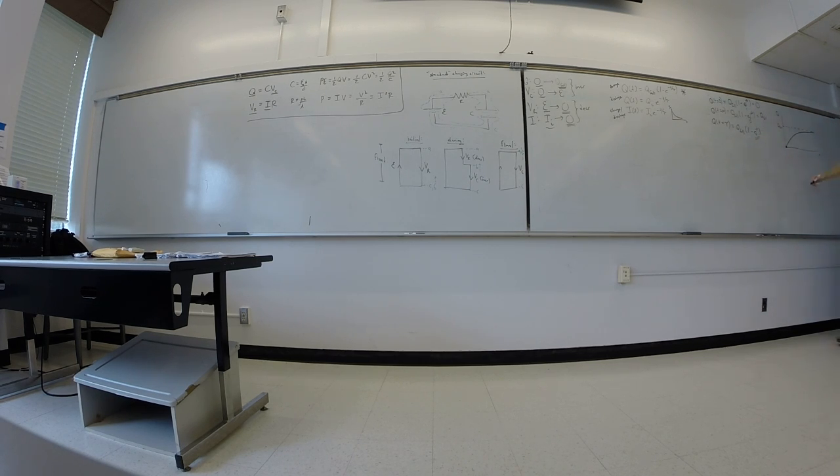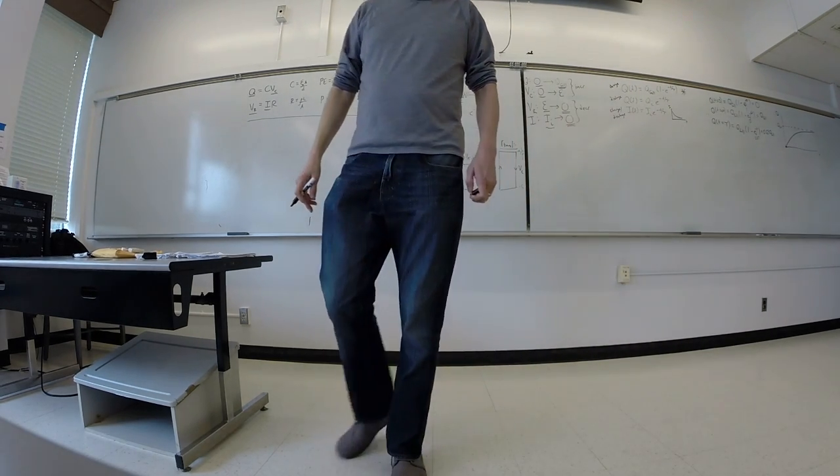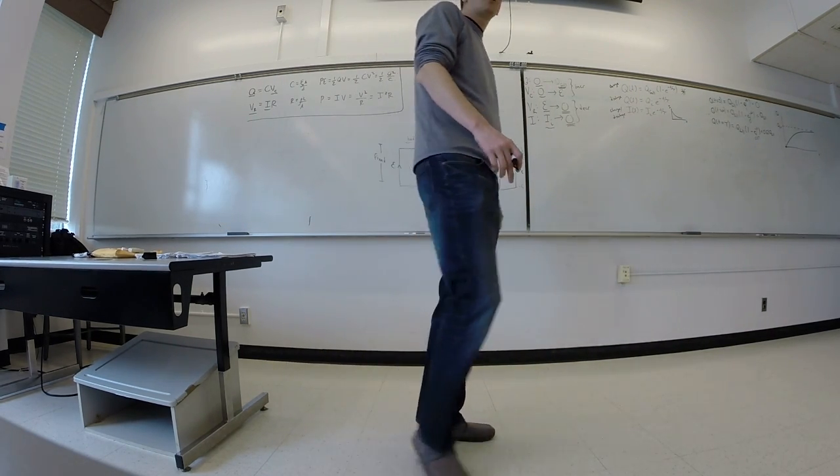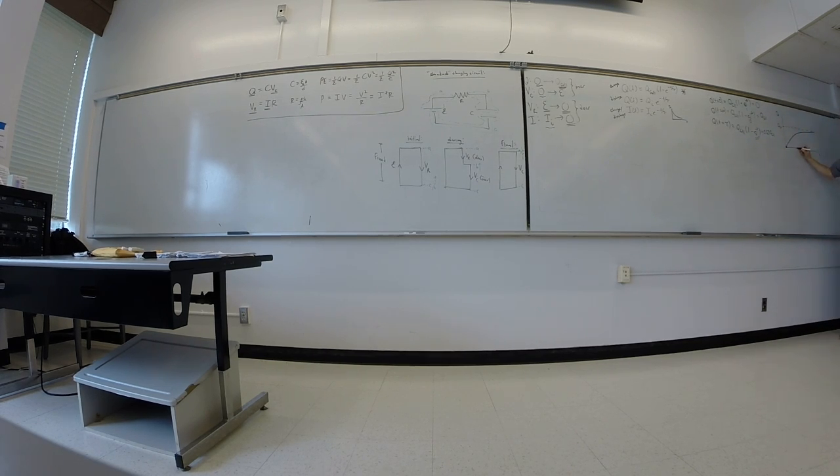And now 1 minus 0.37 is 0.63. So what happens at t equals tau is that you're at 63% of your eventual full value, with 37% left to go, of course.